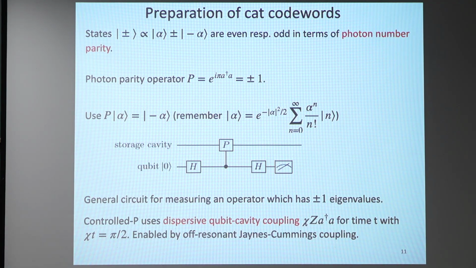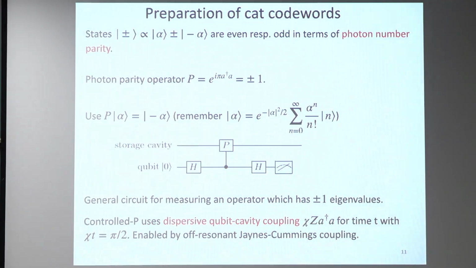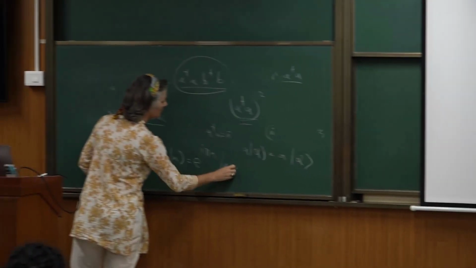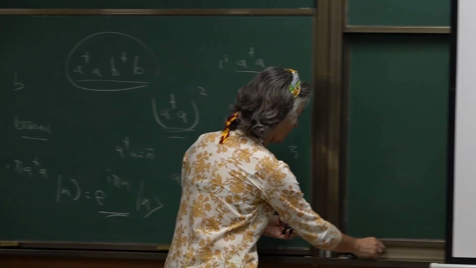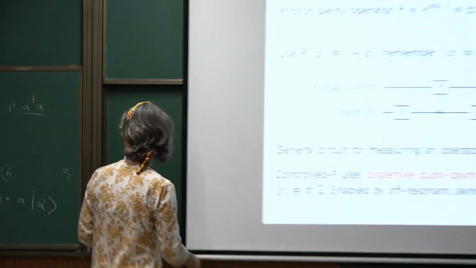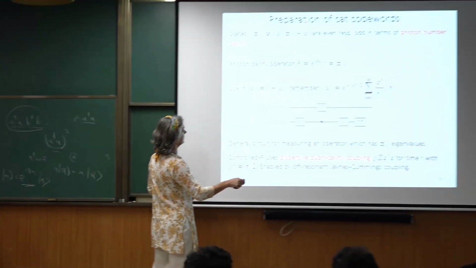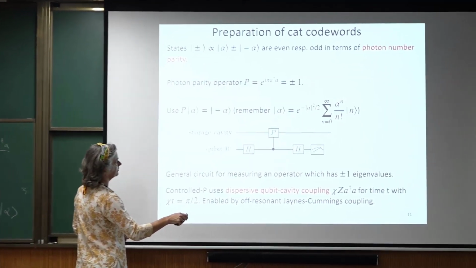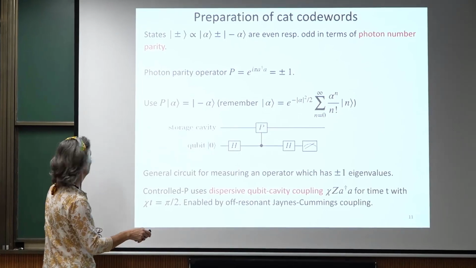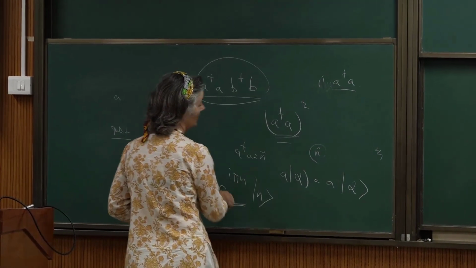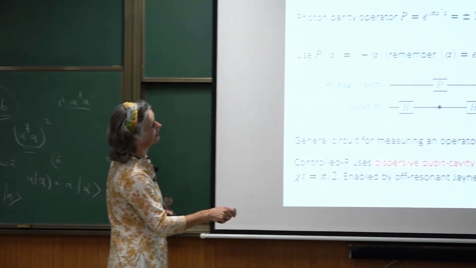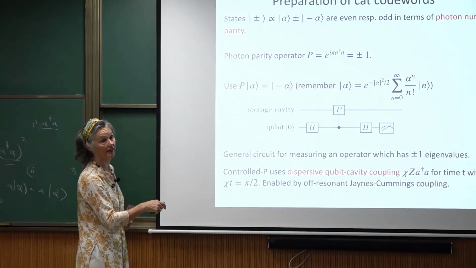So e^{iπ a†a} on n is e^{iπn}. And this phase factor I can just absorb, and then I put it into alpha, e^{iπ}, and that is minus alpha.